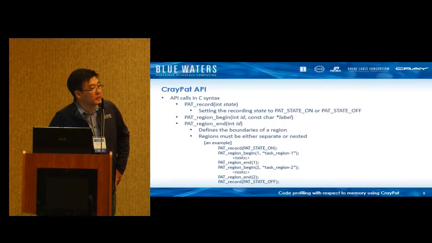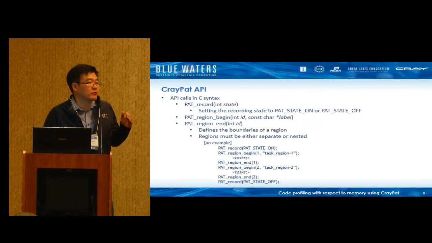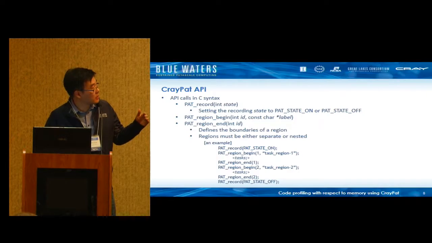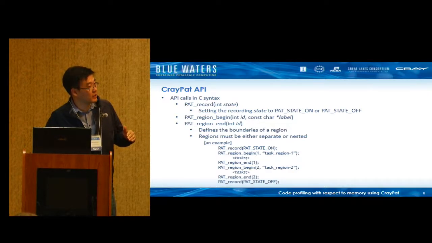There are many API calls, but I will just mention three of them. The first one is PAT_record. With PAT_STATE_ON, your program starts profiling from that point, and with PAT_STATE_OFF, you can stop the profiling.